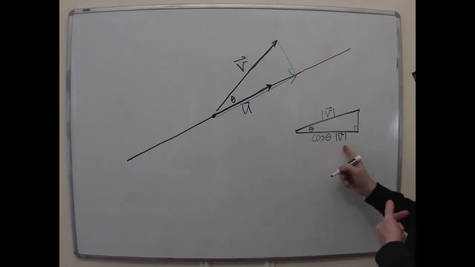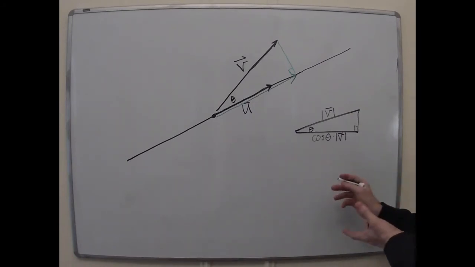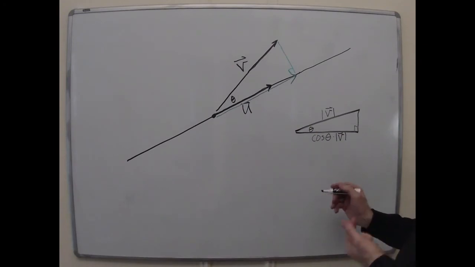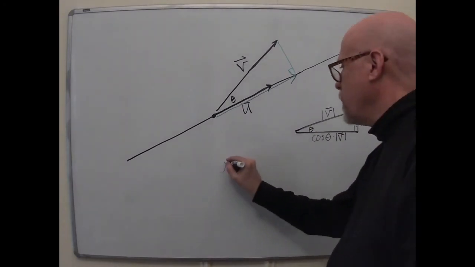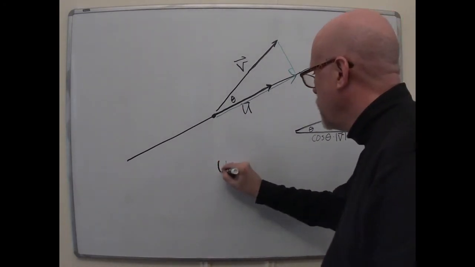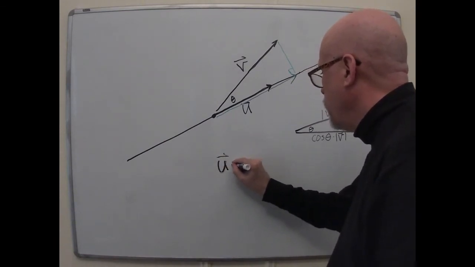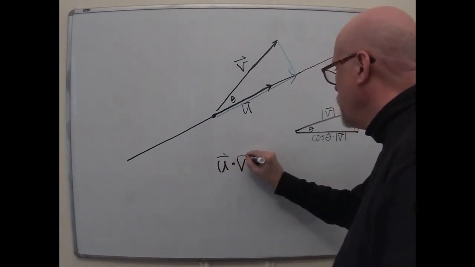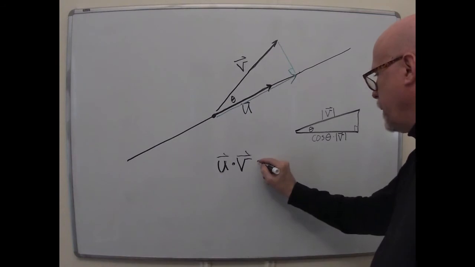And that piece is an element that you see in the dot product. Remember that the dot product of u with v I can do in two ways.